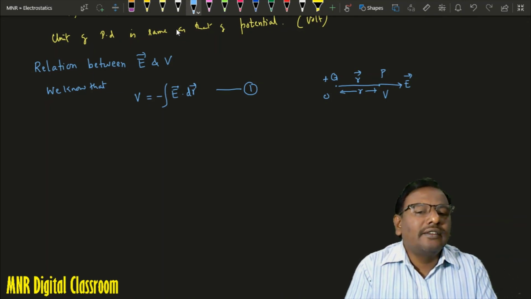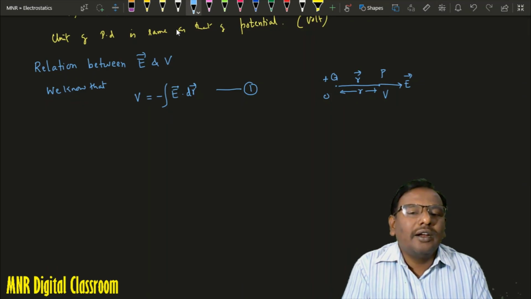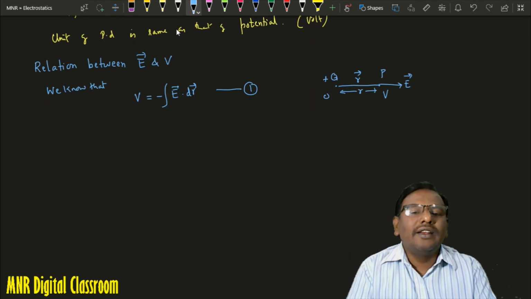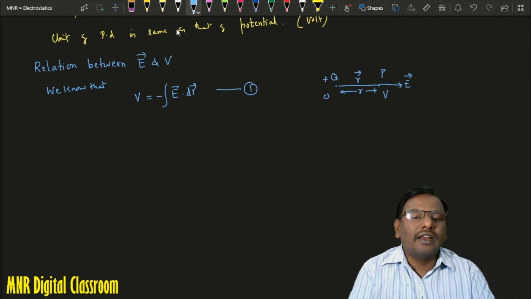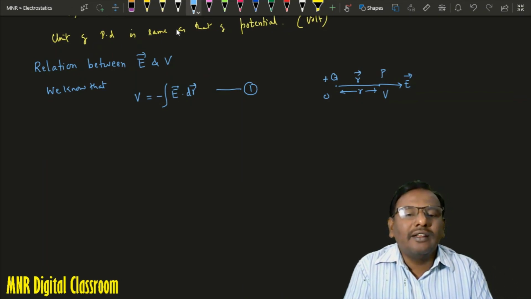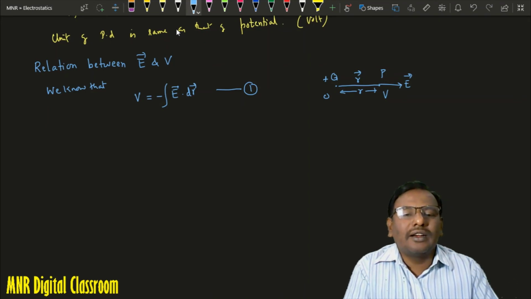Then V is equal to minus integral of E bar dot dr bar. The negative sign indicates that the electric potential at any point is equal to the work done in bringing the charge from one point to another against the direction of the electric field.